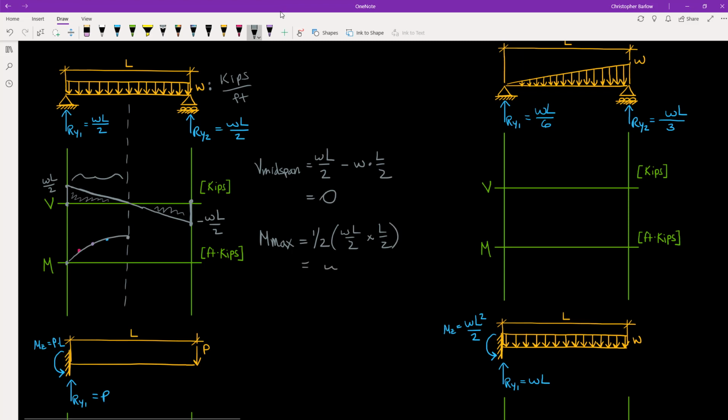And so we get wL squared over 8 for our maximum moment. And we know that the area on this side of the curve is equal to the area on this side of the curve. And so we end up back at 0. So that's our shear and moment diagram for a simply supported beam with a uniformly distributed load.